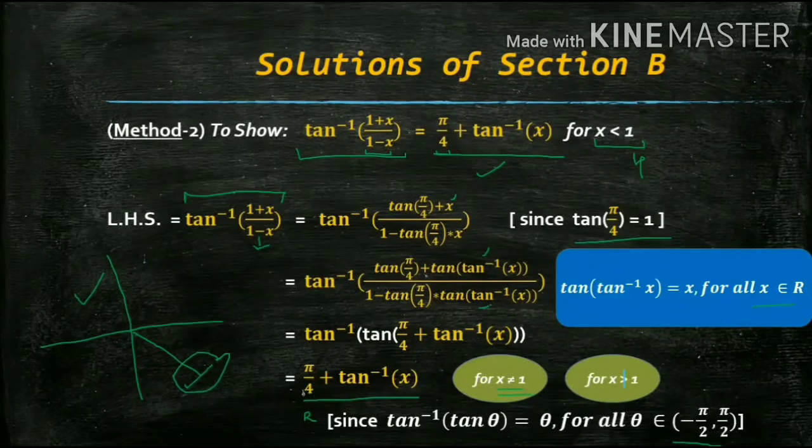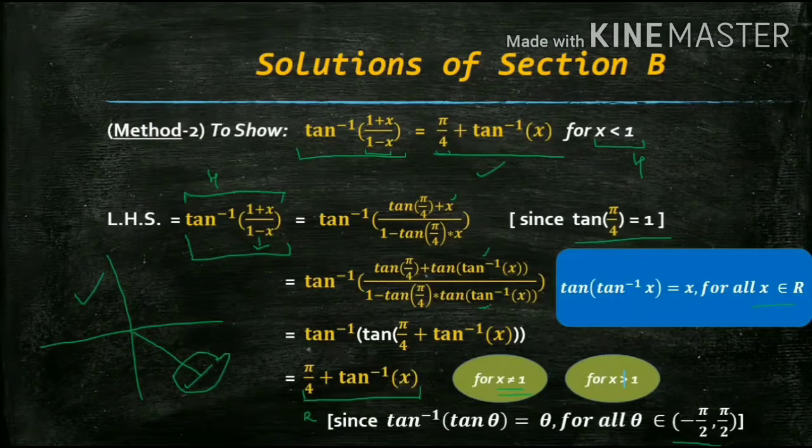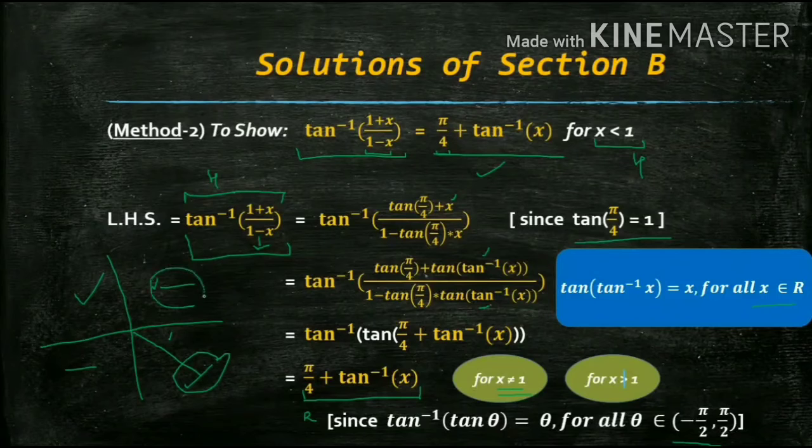Now look at this. By this LHS side, we get that this value must lie in the fourth quadrant. Now look at this: pi by 4 plus something. Now tan inverse x, x is positive. So tan inverse positive means what? Tan is positive in the first and the third quadrant, and its principal value is either in the first or in the fourth. So now the common region is first.